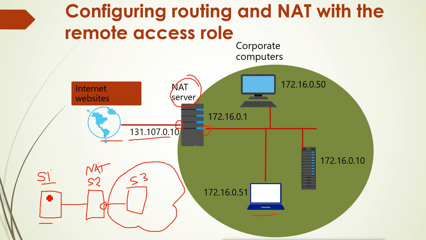We have server 1, which is our domain controller, and it has a 192.168.0.0 network. And we have server 2, which is connected to this domain controller, and which is a member of the domain through this interface, and it has an IP address of the 192.168.0.0 network.